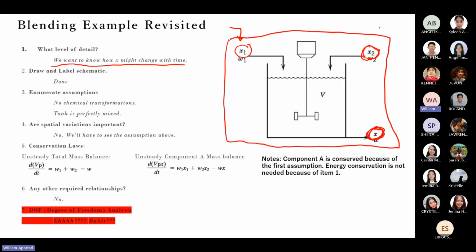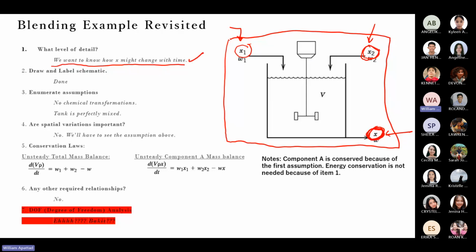Right? Kapag iniba tong value ng x2, magbabago rin tong x ko. So, ano kaya ang gagawin ko? Okay, so our point of interest becomes this. So, ano ang value ng x, with change with time. So, this becomes our control objective.